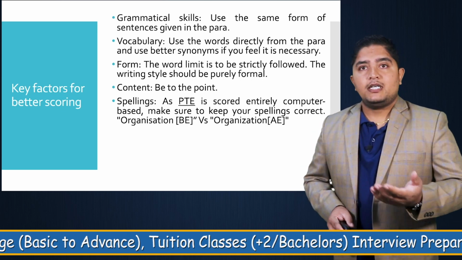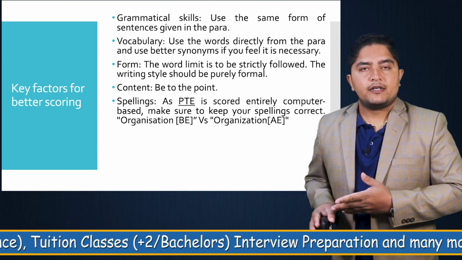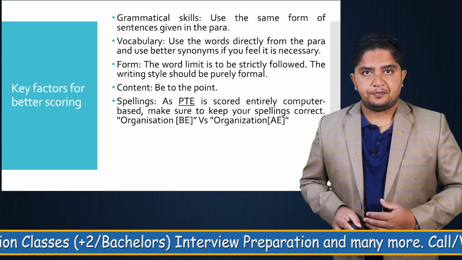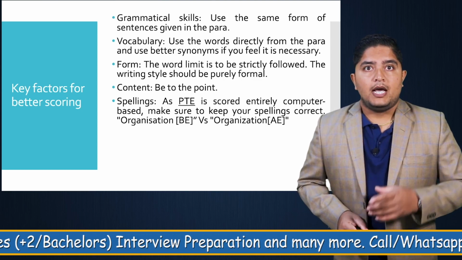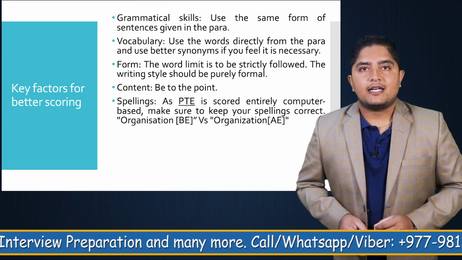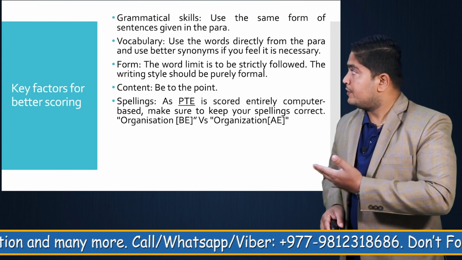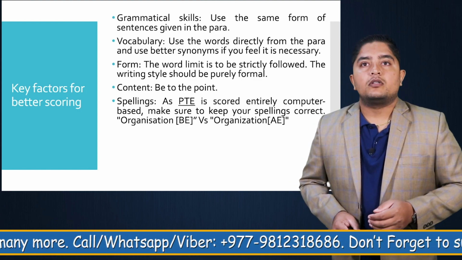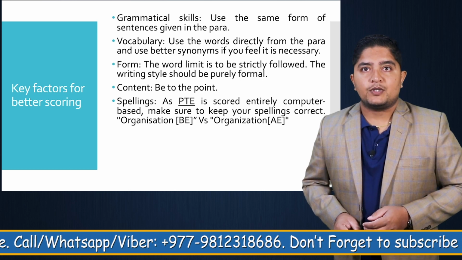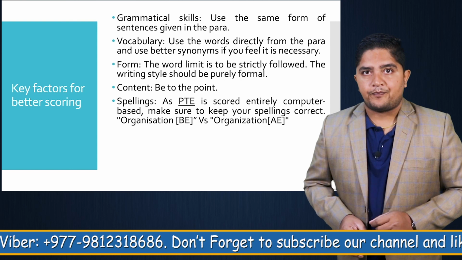They will be asking you certain options. For example, are you using American English or British English? You'll be given an option, and on the basis of that you have to write your answer. For example, I have given you two words over here, organization and organisation.